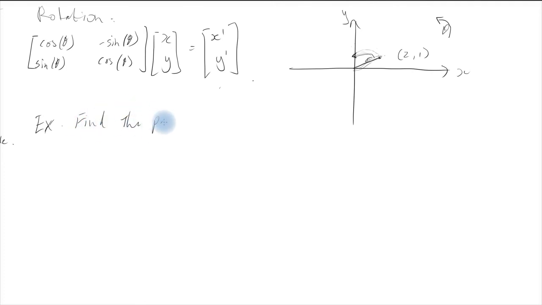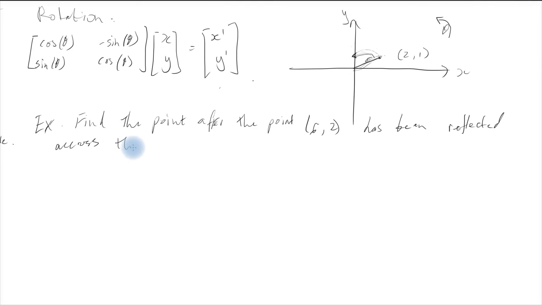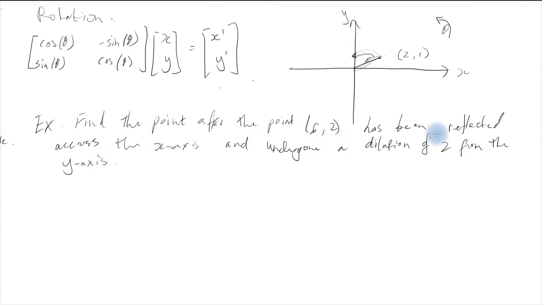Find the resultant point after the point 6, 2 has been reflected across the x-axis and undergone a dilation of 2 from the y-axis.